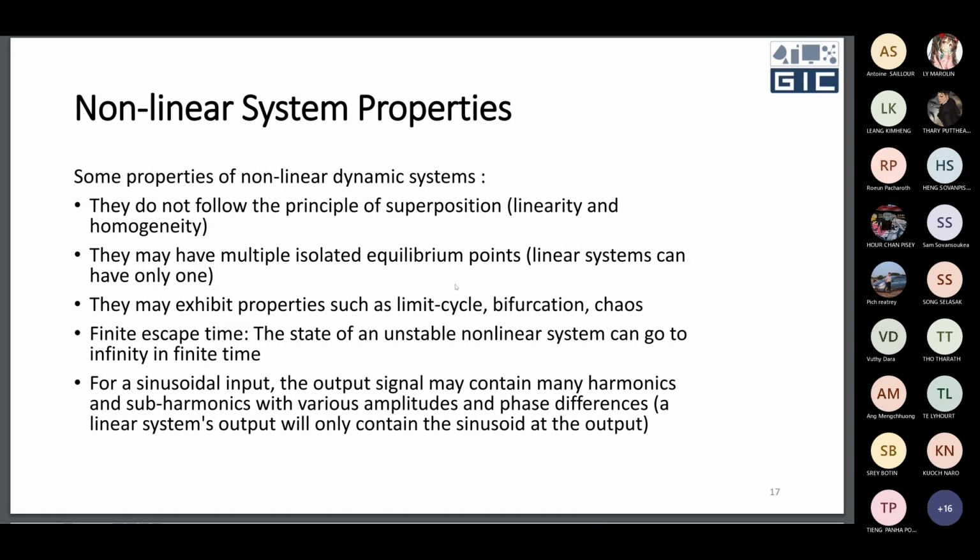So this is the property that you can use to identify nonlinear system behavior, and the contrast of those 5 points is linear. Anyone have a question in this case?